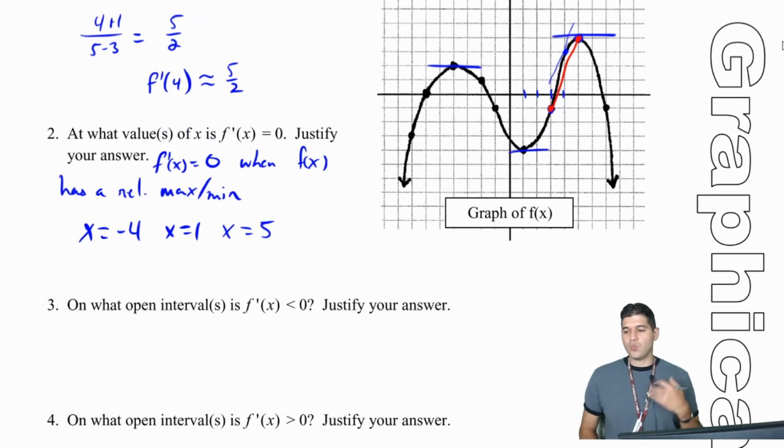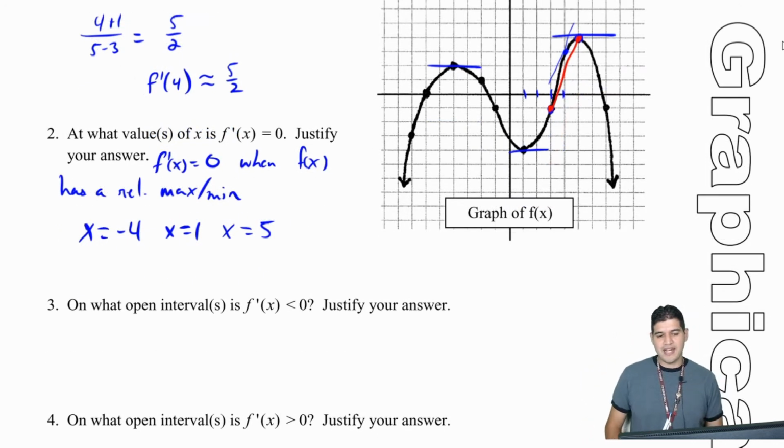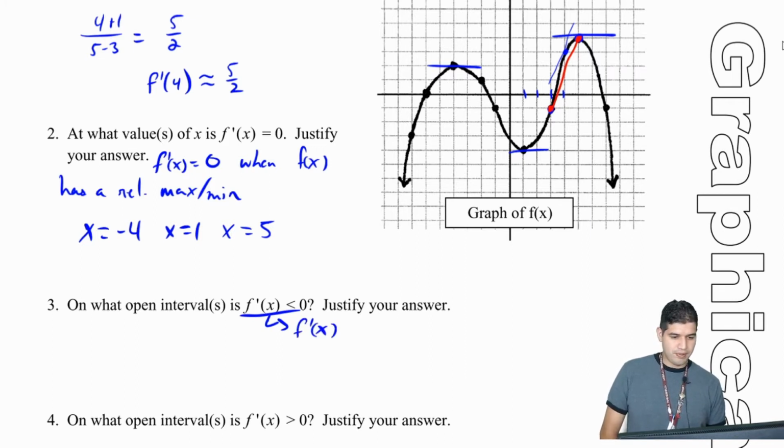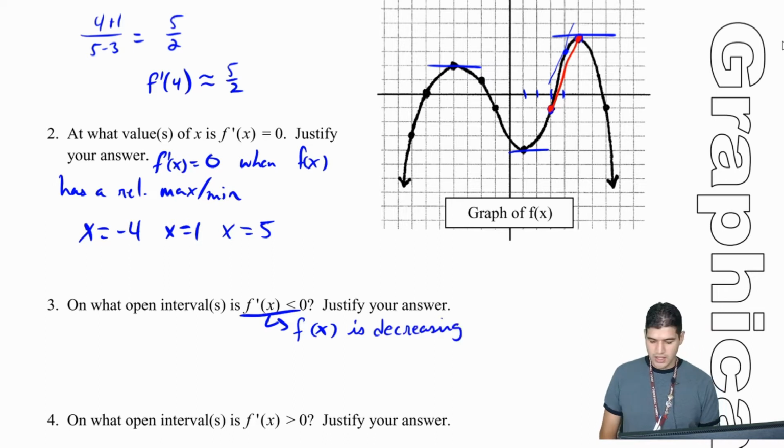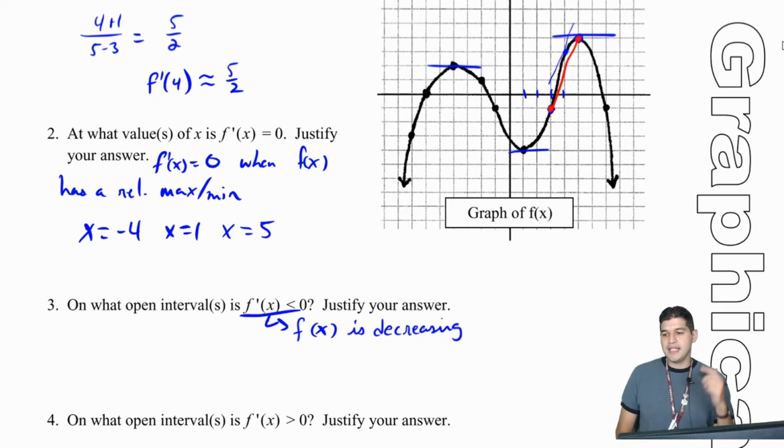Now I want to think on what open intervals f prime of x is less than 0. So let's think about what f prime of x less than 0 means. Well, that means that f of x, sorry, I wrote f prime, but I meant to just write f of x, is decreasing. So where is my function decreasing here?